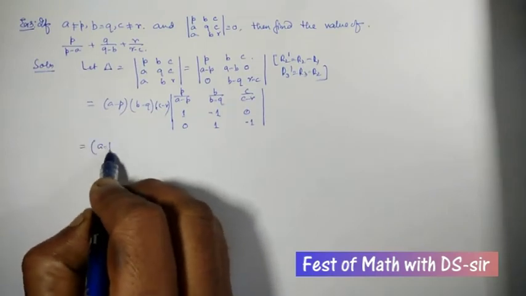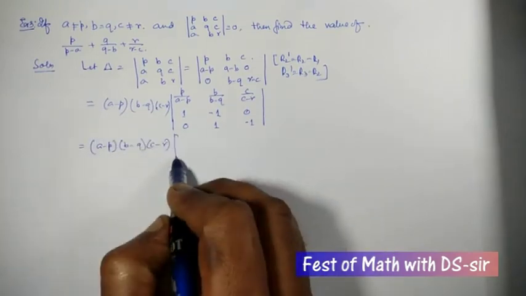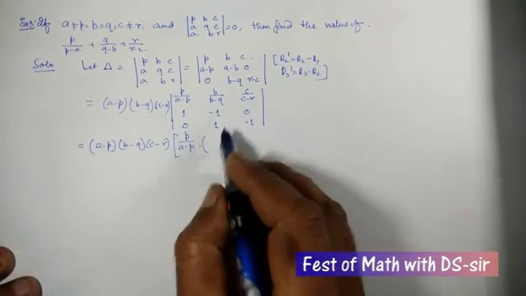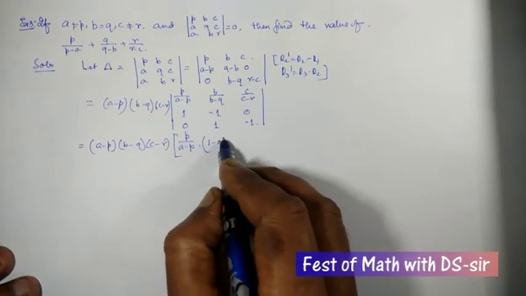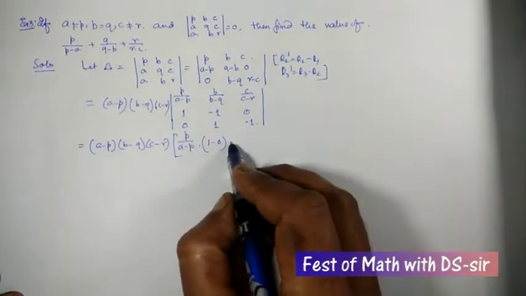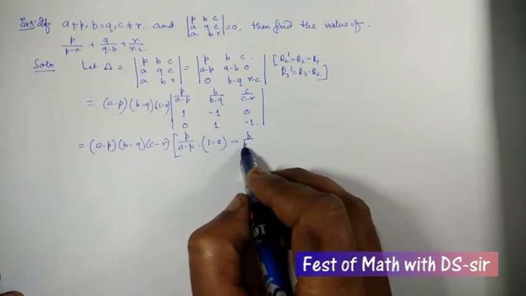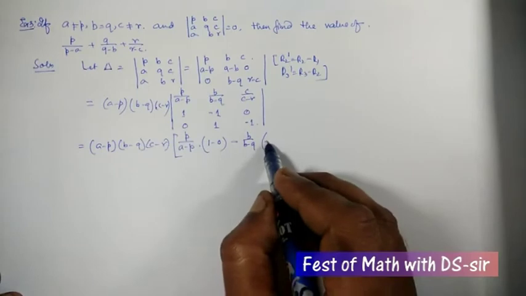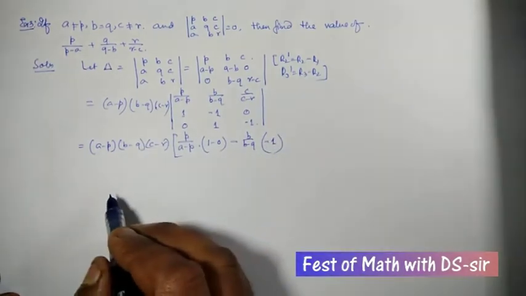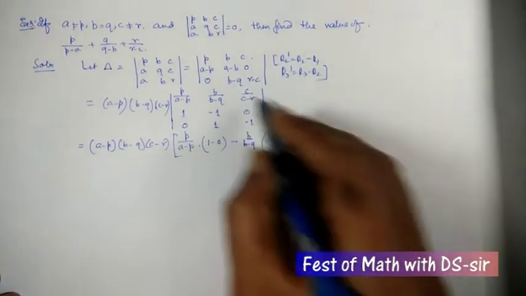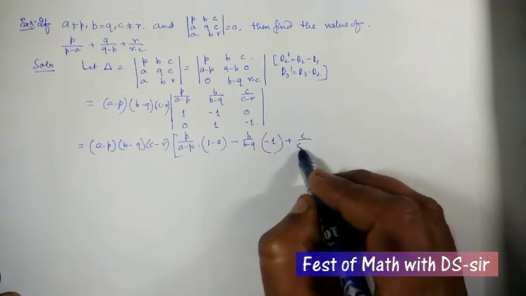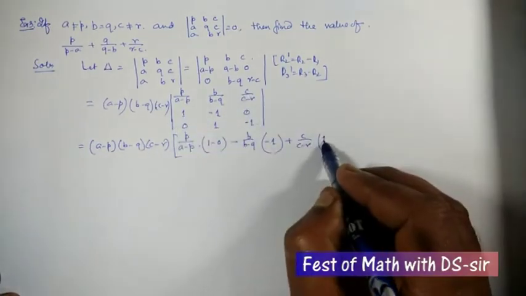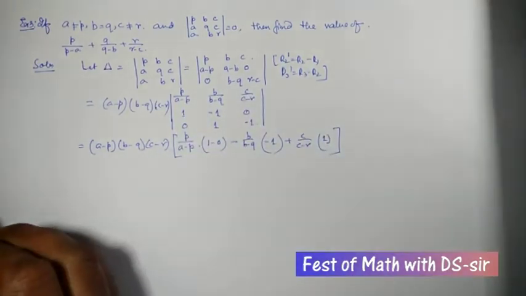What we get? Into P by A minus P, 1, 1, 1 minus 0. Minus B by B minus Q into what we get, minus 1, plus C by C minus R into 1.